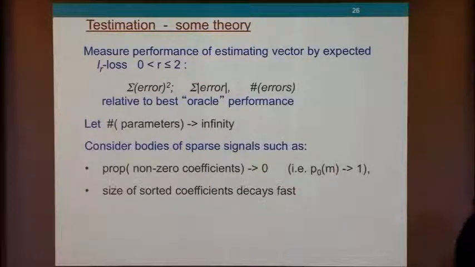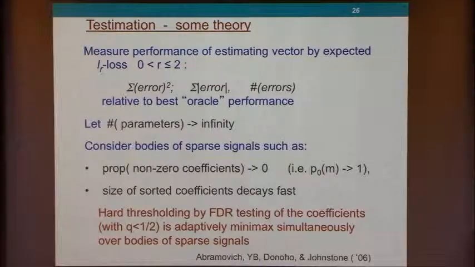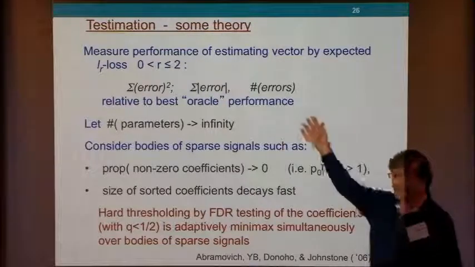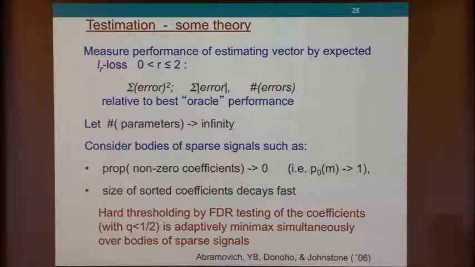So really fast decay. Under this condition, you have that hard thresholding by FDR testing of the coefficients with q less than a half is adaptively minimax simultaneously over bodies of sparse signals and over all those loss functions. Meaning that counting errors, interesting, just FDR is counting the number of errors. Counting the errors relative to the things that you keep allows you to get all of this result.